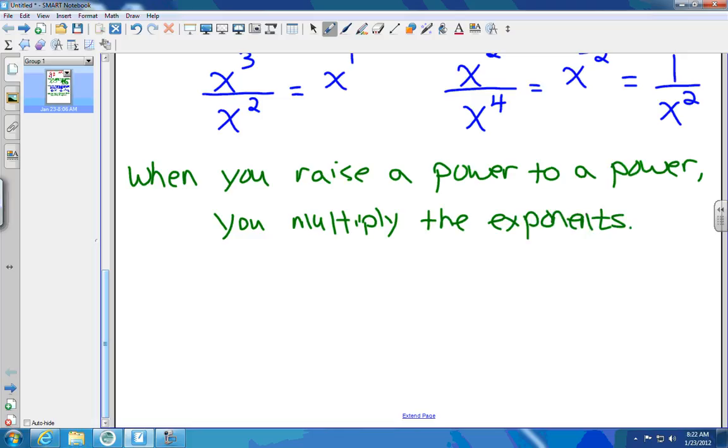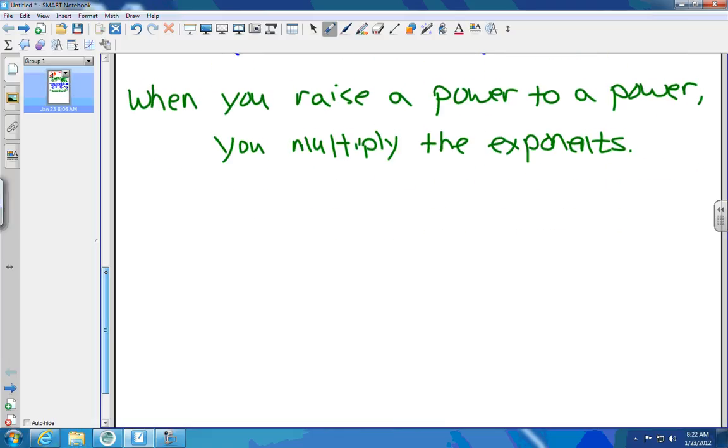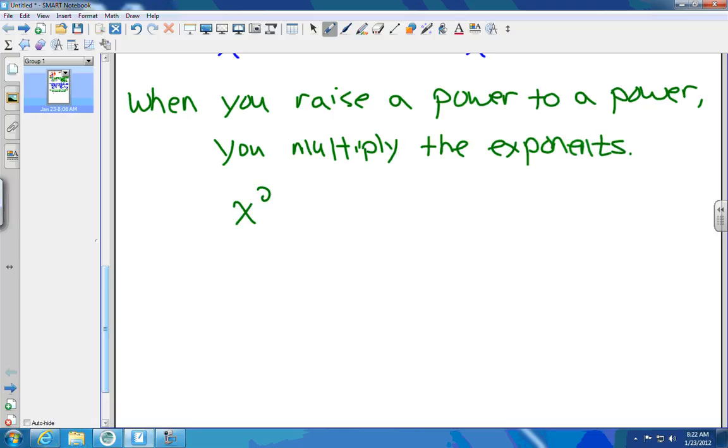You raise a power to a power, which you probably don't know what that means. But when you raise a power to a power, you multiply the exponents. What we mean by power to a power is you may have x squared to the third. So you're raising x squared to the third power. That's power raised to a power.